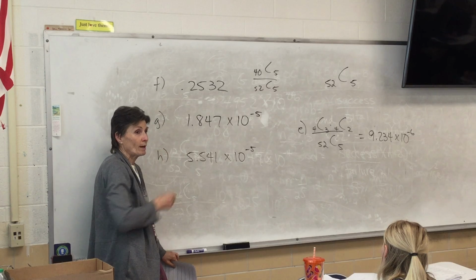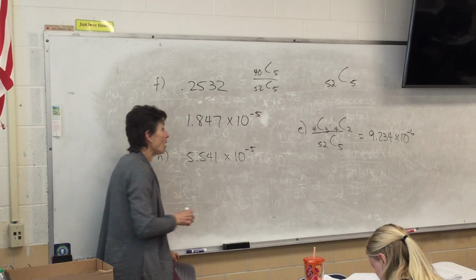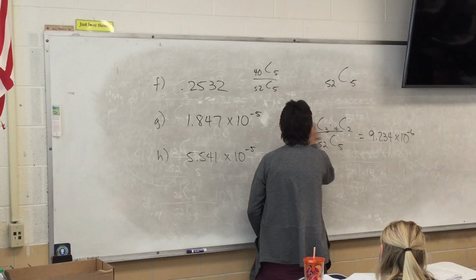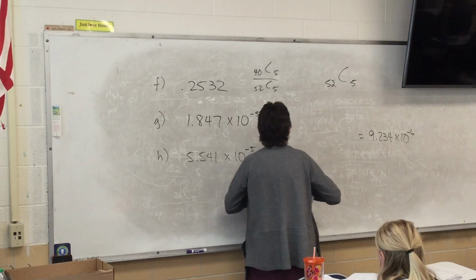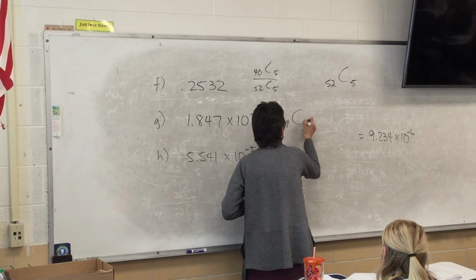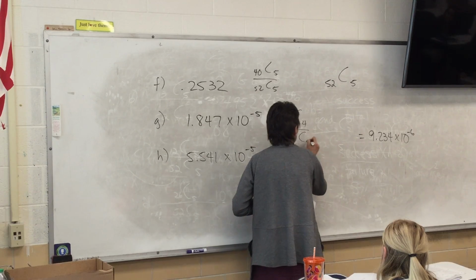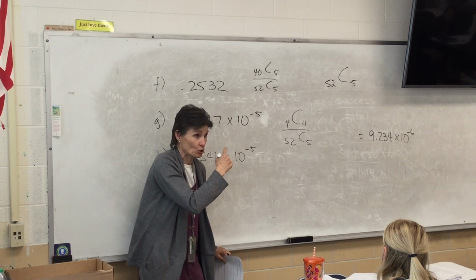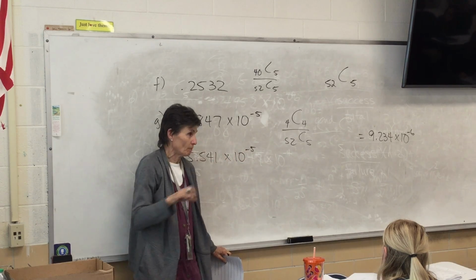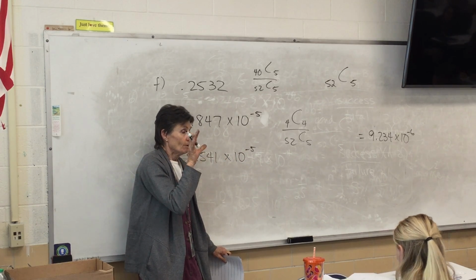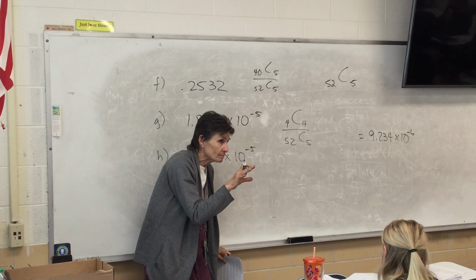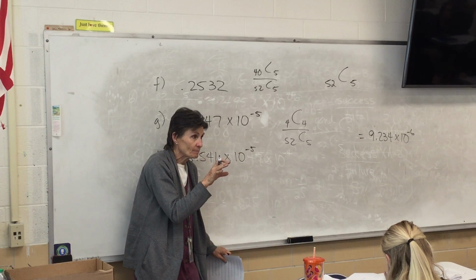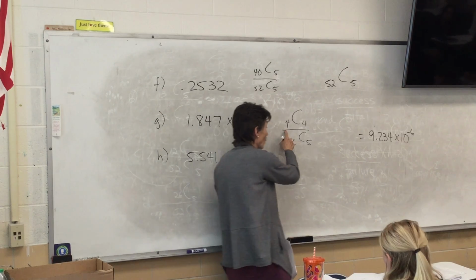That's the hardest one, I think. How many of you set up problem G like this? Okay, that's exactly, if you didn't start with that, then you're in more trouble than we thought. How many aces are in the deck? 4. And how many of them do you want? 4. So that's 4C4.